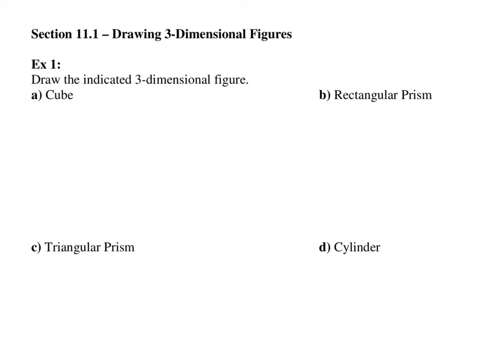First thing you're going to do is draw the front part of the cube, which would be a square. Now it's a bit difficult for me to be precise on the iPad, but you can use a ruler. You definitely want to use a ruler and be as precise as you can when drawing these figures.